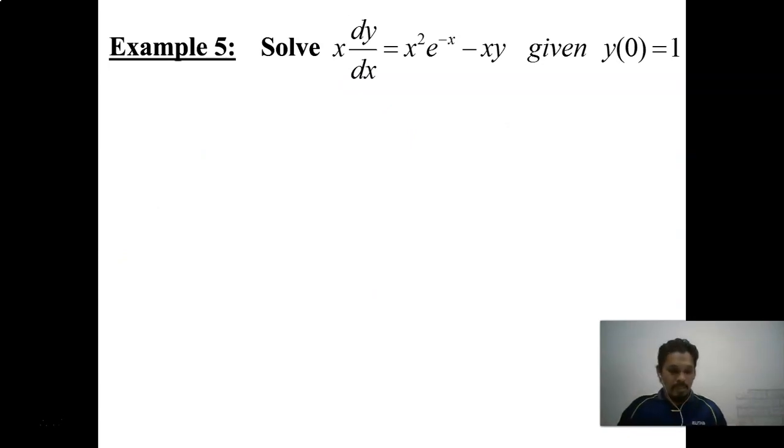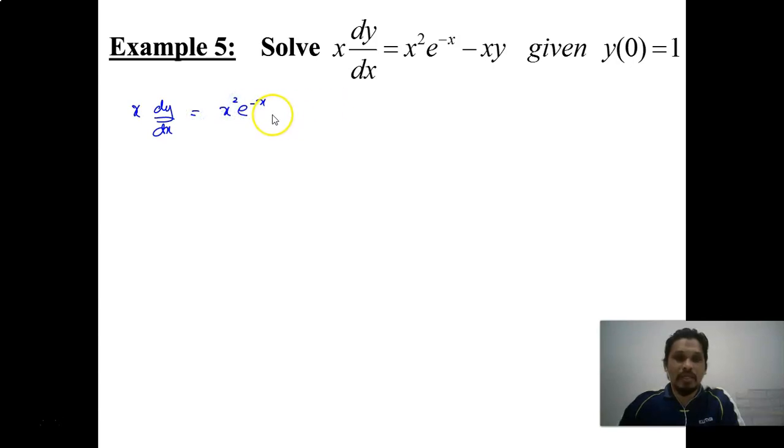Okay, example 5. Now, x dy/dx equal to x squared e power of negative x minus xy.